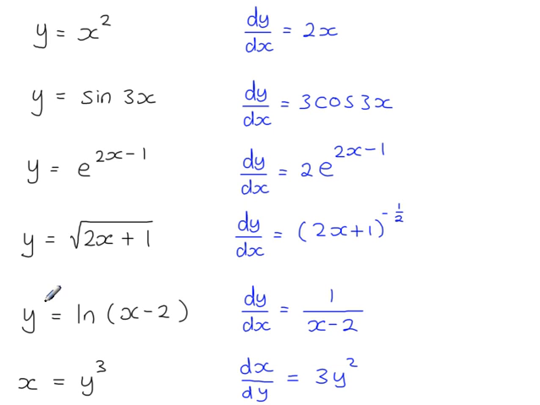An equation which can be written as y is equal to some function of x, or x is equal to some function of y, or something similar, is called an explicit function.